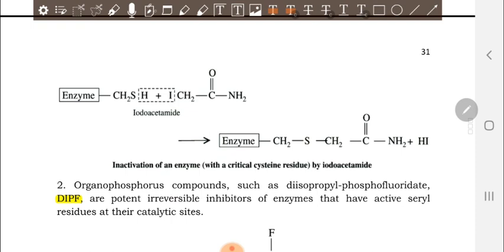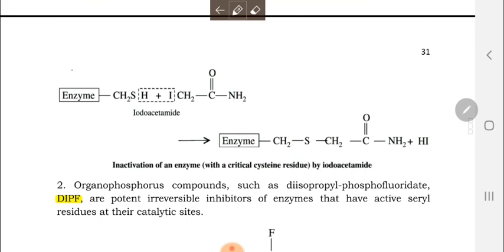So this is the enzyme, and this is the inhibitor. Now this one is formed. That means CH2SH reacts with another CH2, and hydrogen iodide is released.